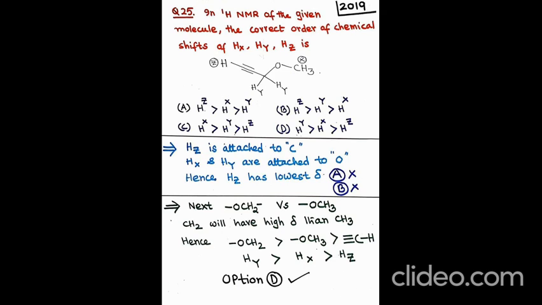In 2019, let us consider question number 25. In the 1H NMR of the given molecule, the correct order of chemical shifts of HX, HY, HZ is asked.